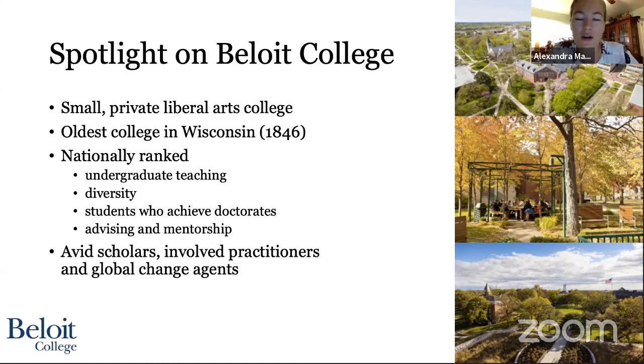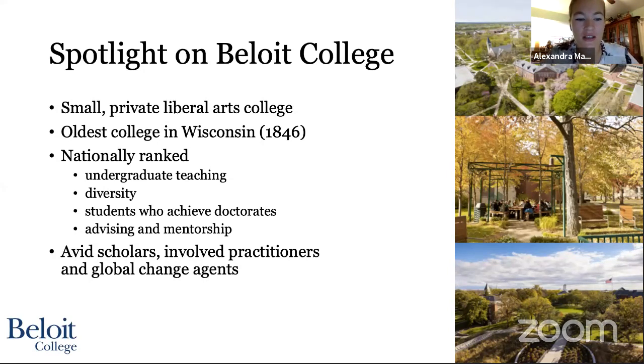We want students who are going to be involved outside the classroom, who understand the benefits of being in student organizations and running events and giving back to the community. We want students who aren't just going to study and go home and sleep and go to class and then go home and study and sleep. We want someone who's going to really take advantage of everything we have to offer here.